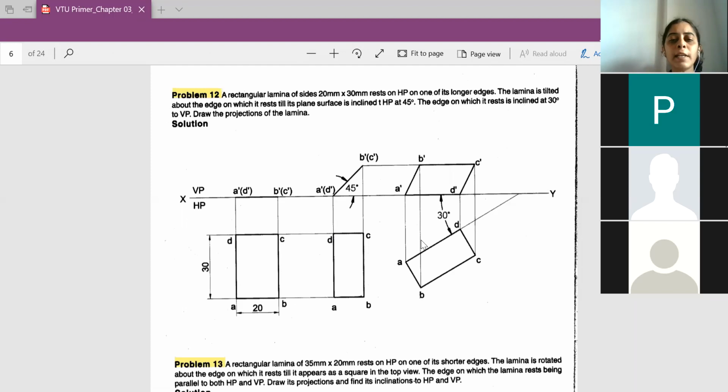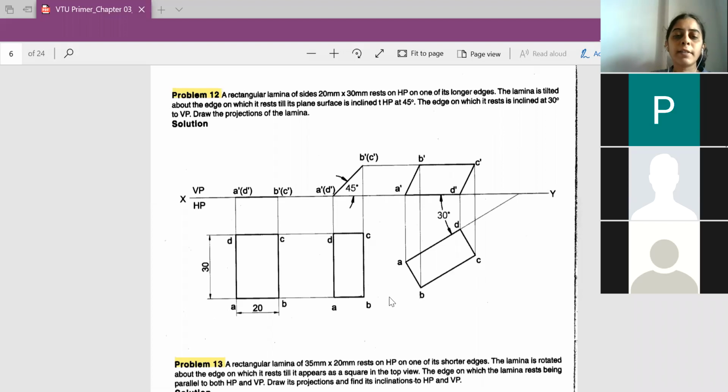So we directly take 30 degree line, make one point and name it as D. Measure this distance D to A, how much it is. Keep one end of the compass over here and cut an arc. So this will be A. So we got A and D. And you know that all the sides will be perpendicular to each other. So take 90 degree line over here, again 90 degree line.